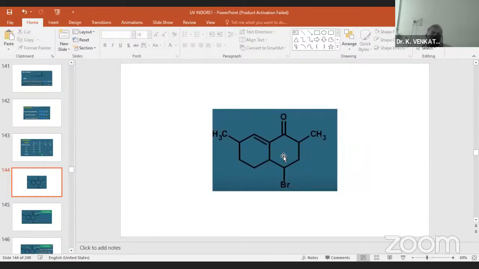Now please calculate what is the lambda max value. Two 37.